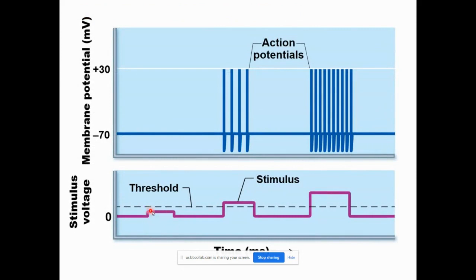Let's say something landed on our skin here, but it's too tiny, we didn't even feel it, right? It didn't even reach threshold. So your brain is not receiving any action potentials. But now let's say a fly lands on your skin. Well, now that's strong enough to reach threshold, right? So your brain is going to get a certain number of action potentials, letting you know the intensity of whatever landed on your skin.